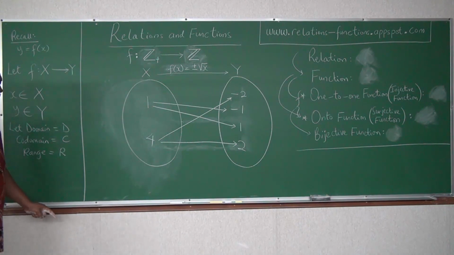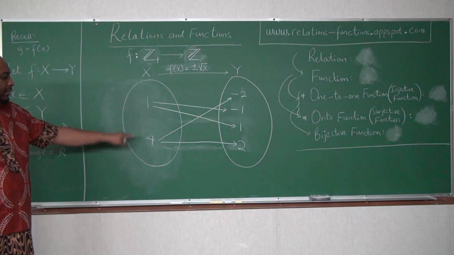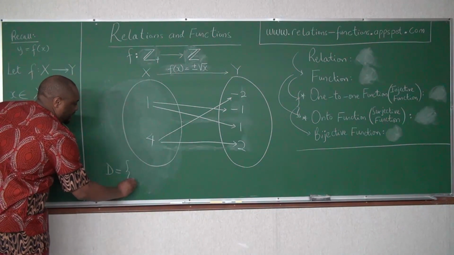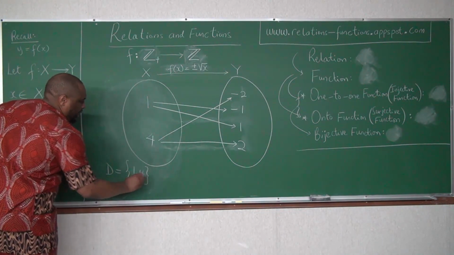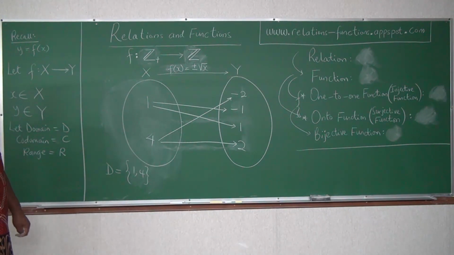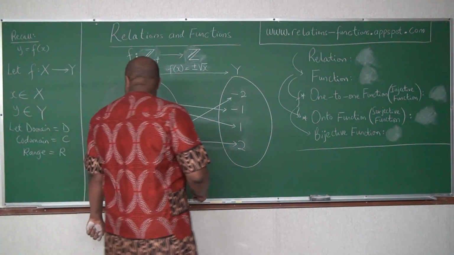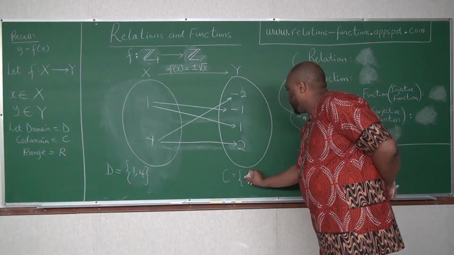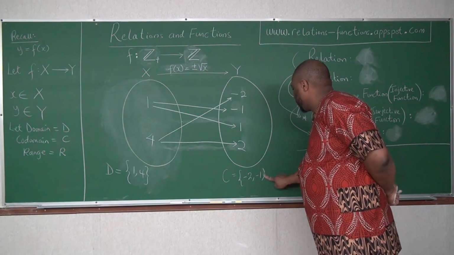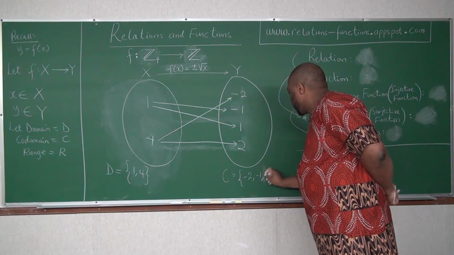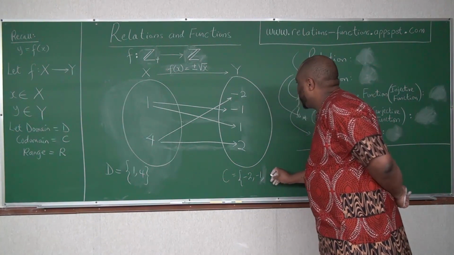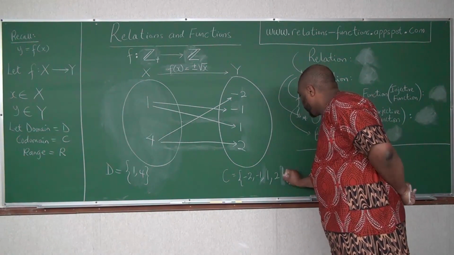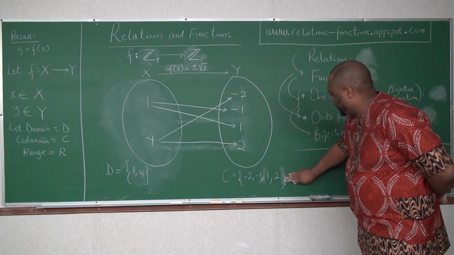So here, the domain is a set. Here, the domain is the set 1 and 4. The codomain is also the set negative 2, negative 1, 1 and 2. Oh, this is a set, please, so use braces because it's a set.